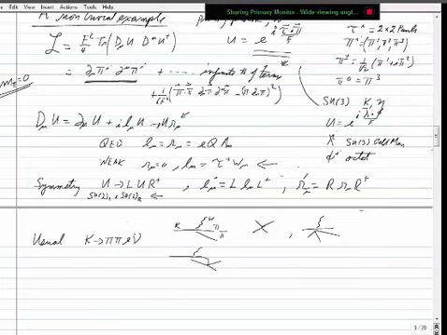So this is an SU2 left cross SU2 right, or SU3 left cross SU2 right symmetry. It exists in physics because QCD has this symmetry approximately.